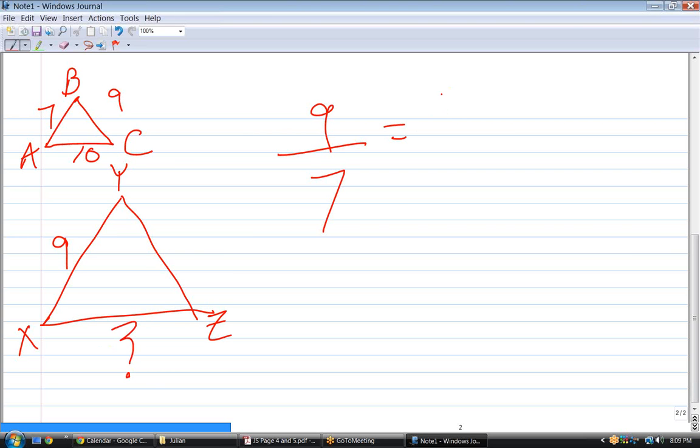So let's call it XZ over 10. Those are the key ratios. In other words, if these two triangles are similar, then 9 is to 7 as XZ is to 10. So now solve this for XZ.